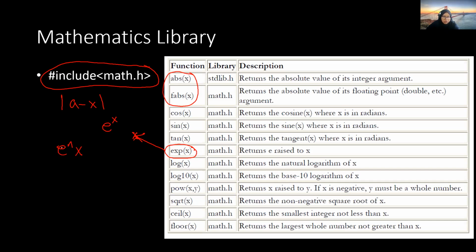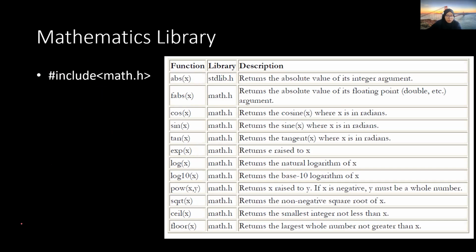No, this is wrong, because in C we don't have that kind of operator. If you want to use the exponential, e to the x, this is the equivalent expression.